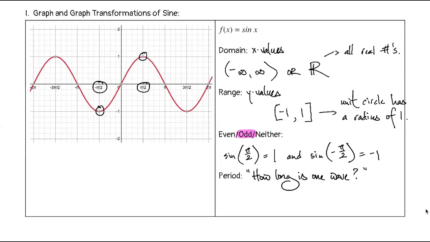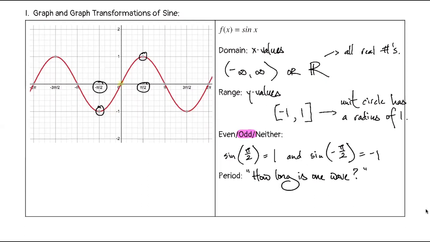So when we say period in terms of sine and cosine, what we're really asking ourselves is how long is one wave, okay? And so if we think about the graph that we have right here, let's maybe trace one wave and see what happens, okay?